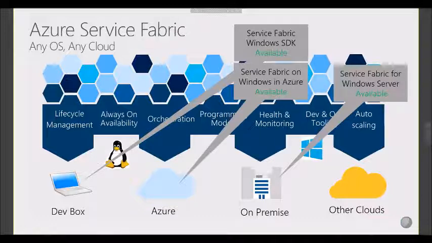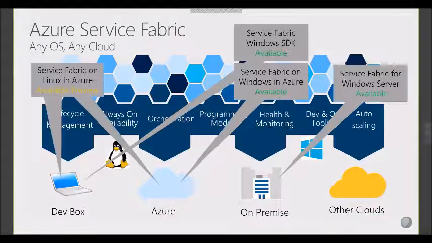You can host it on-premise if you have your own data center, and you can also install it on other clouds. So that's your choice; you're not really bound to using it on Azure. That's a good thing. And what we also added is support for Linux, which means you can run Service Fabric natively on Linux, and you can host your code and your Docker containers in Azure Service Fabric.